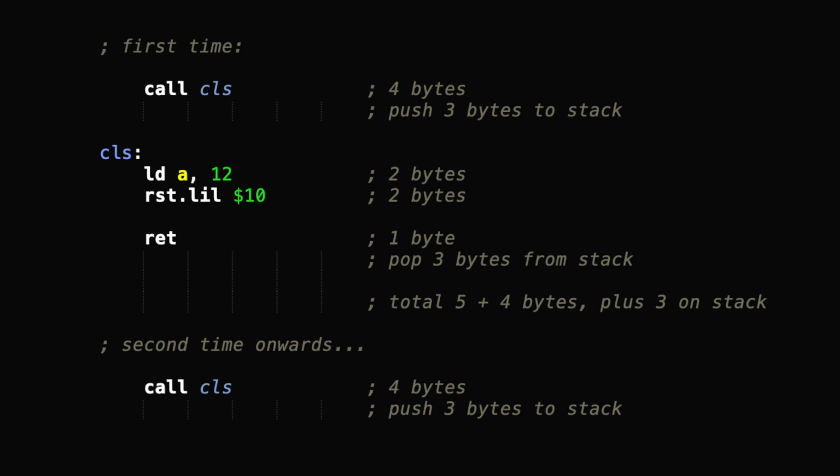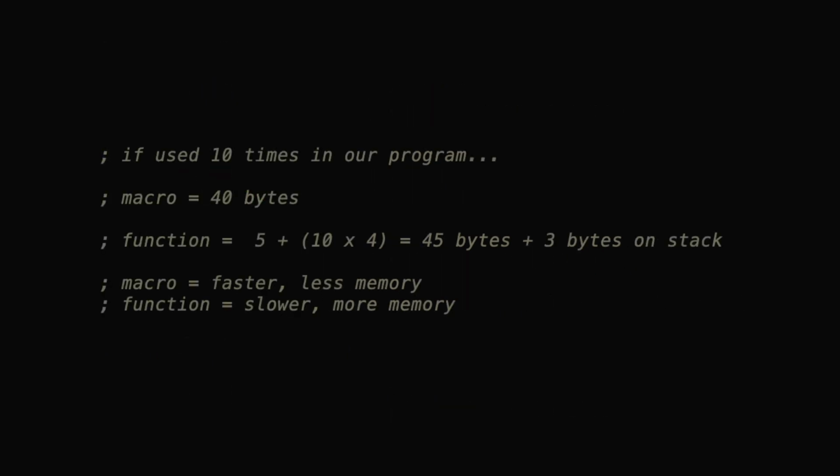However, if we're going to be calling this routine multiple times, each time it's called, it only takes an extra 4 bytes. If we add those bytes up, say over 10 times within our program, then the macro took a total of 40 bytes, whereas the function would take more still. It would take 45 bytes, plus the 3 it uses on the stack.